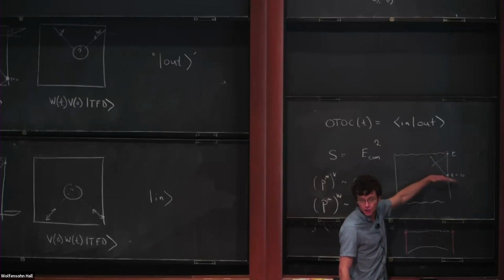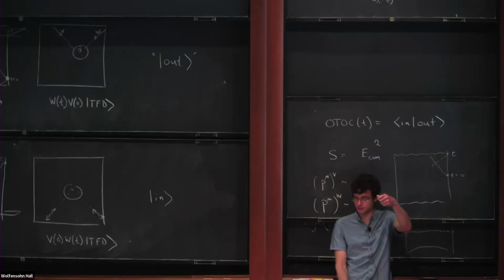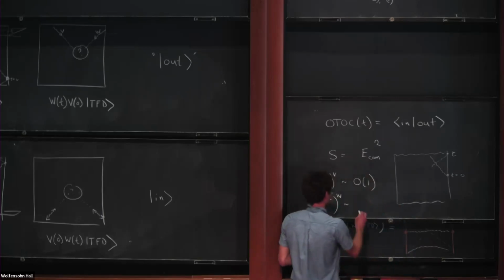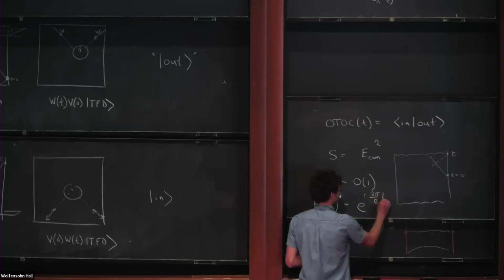And to go to that frame from this one, we should apply a boost. That's the fact that the time translation of the black hole geometry is a Lorentz boost. And so the rapidity of the Lorentz boost is 2 pi over beta times t. So the momentum components of this thing will be like e to the plus or minus 2 pi over beta times t.